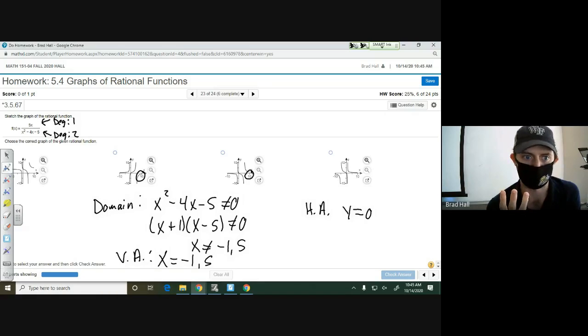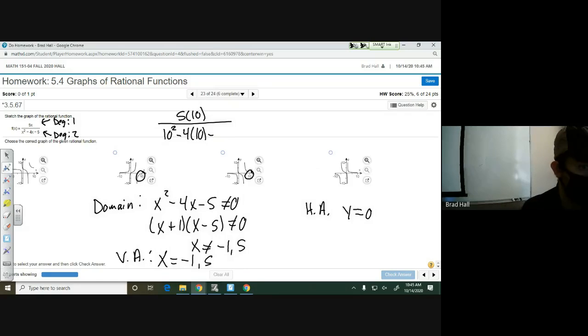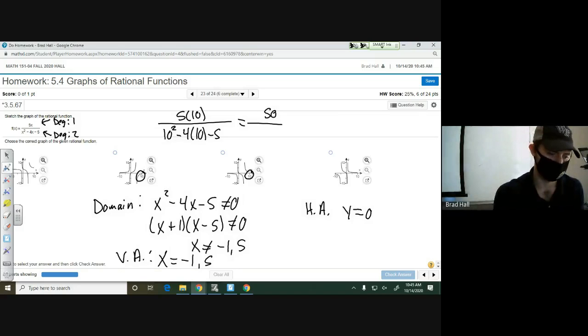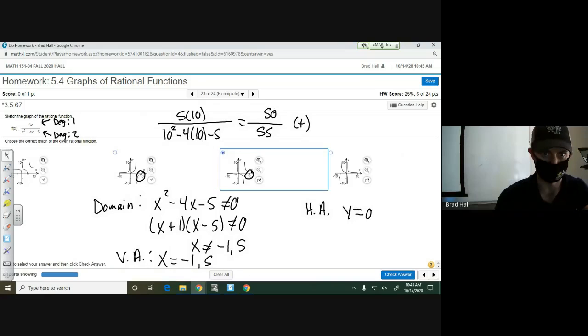And for the third graph, it says plugging in 10 will give you a positive number. So we get a positive number. So it has to be the answer choice with the third graph.